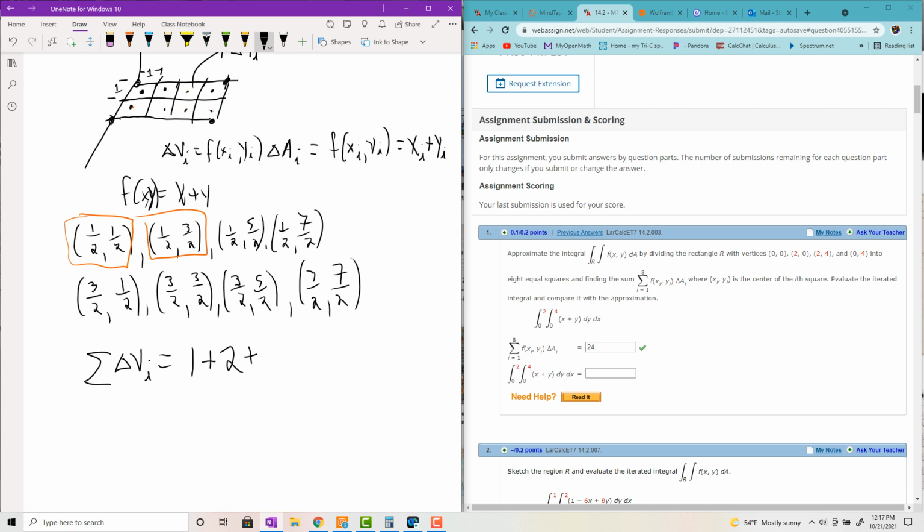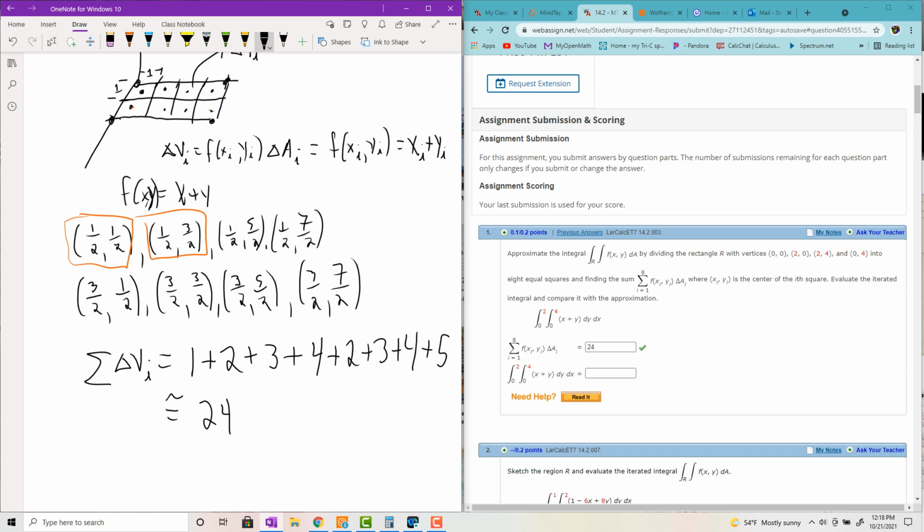So the third one is 6/2, which is 3, 8/2 is 4. Down to the second row now, 4/2 is 2, 6/2 is 3, 8/2 is 4, 10/2 is 5. So an approximation of the volume underneath that surface is going to be 24, I think, right? So 5, 10, 24, yeah.